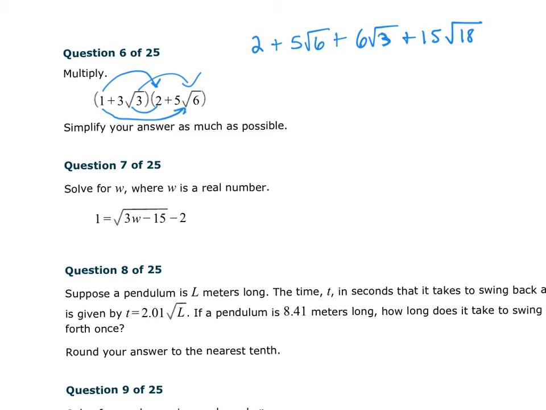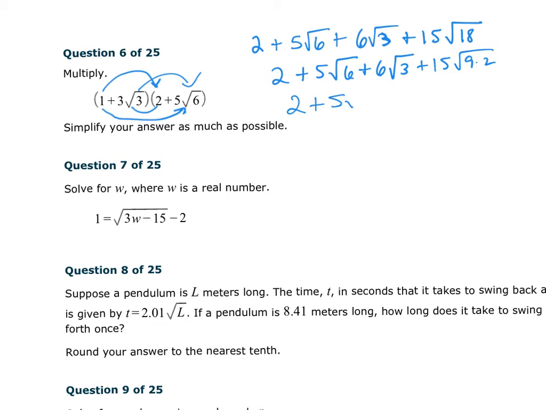Okay, so then we can see if we can simplify this at all anymore. So this one is as far as it will go. So is this one. And then this one we could do something with because we have a 9 within here.